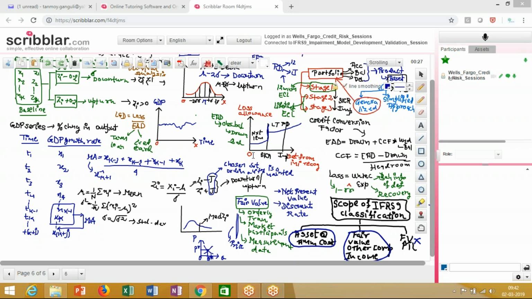A market will be a place where a number of transactions happen. Let's say you go and apply for a personal loan at a price, and that's a mutually agreed price at which you take the loan. That price attached to the loan will be a fair value because it has been an orderly transaction.